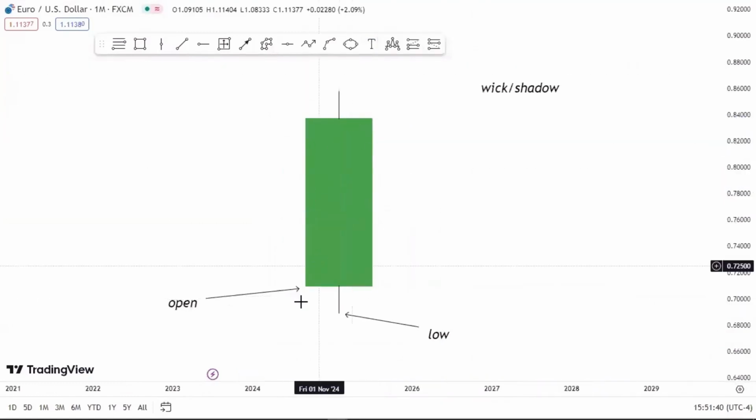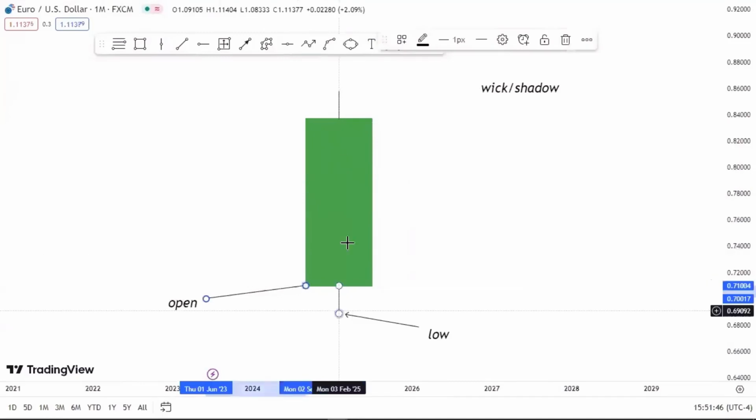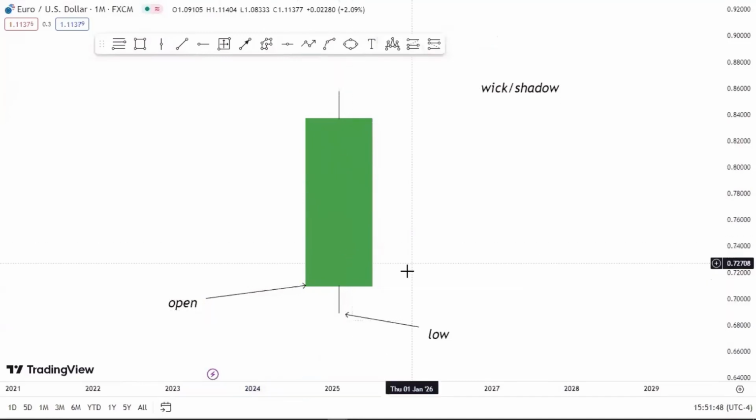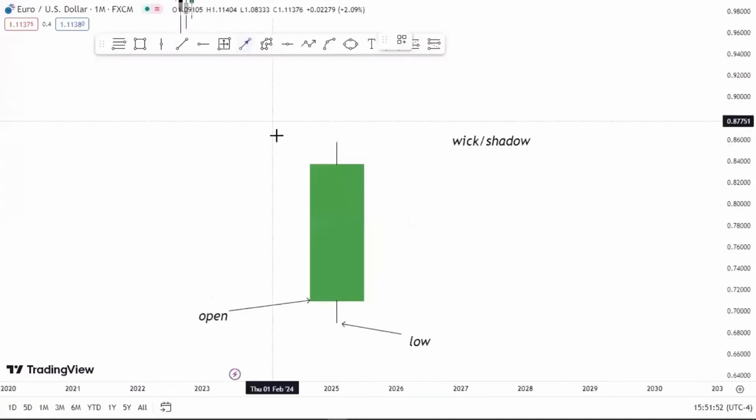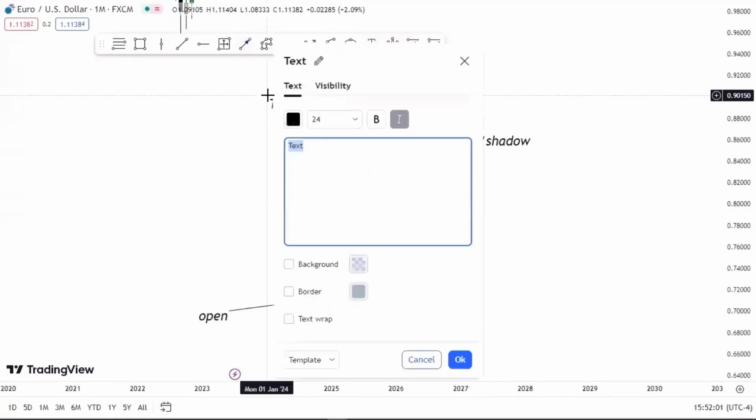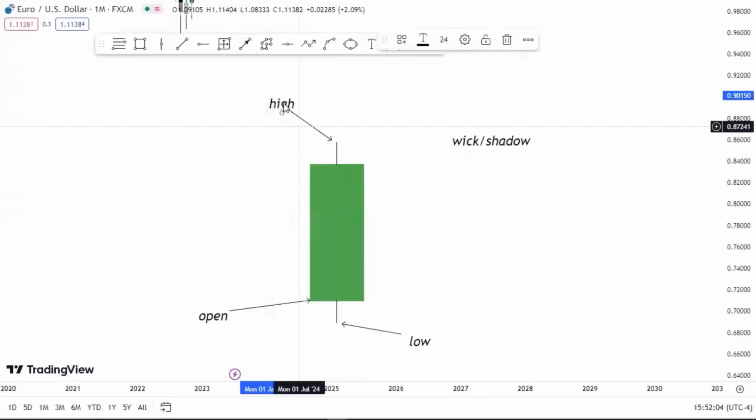So if it's a 1 hour chart, at the beginning of that 1 hour the candlestick opened at this price. Within that 1 hour, it went this way. Okay. Now it shoots up to the high, or the highest price.